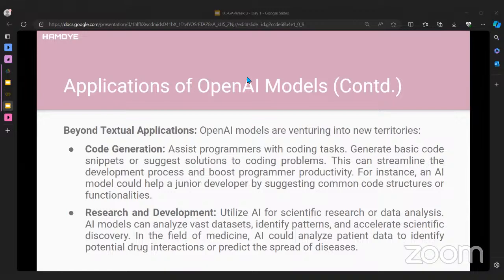Beyond textual applications, OpenAI models also extend their utility beyond text. In coding, they can assist programmers by generating code snippets and suggesting solutions to common problems. I'm sure the majority of us have used this and know what it is all about, and if possible, it gives you some suggestions or makes the corrections for you.